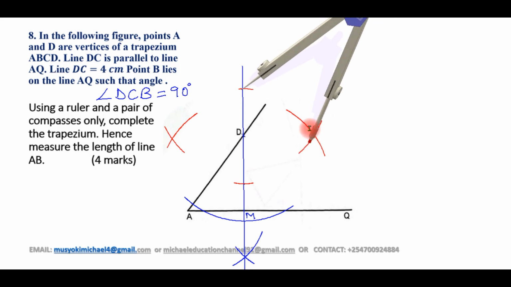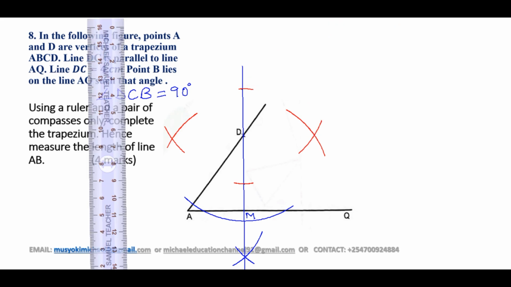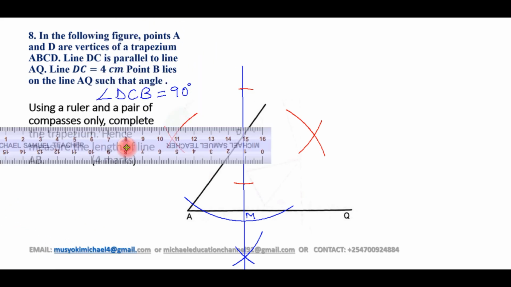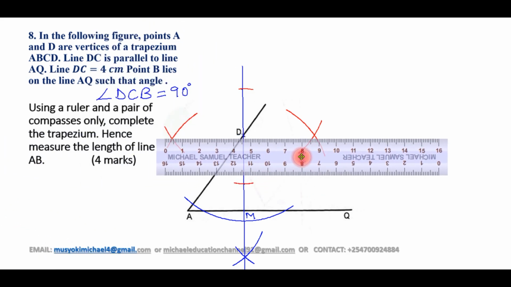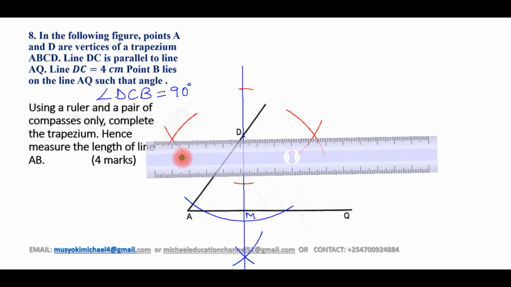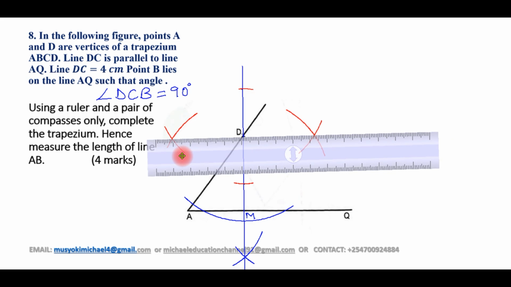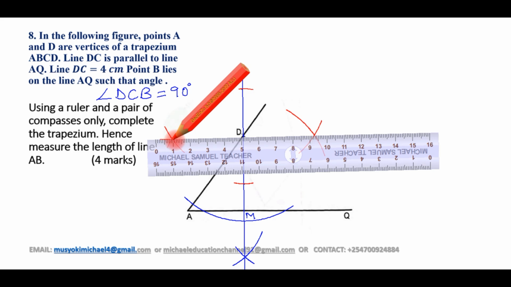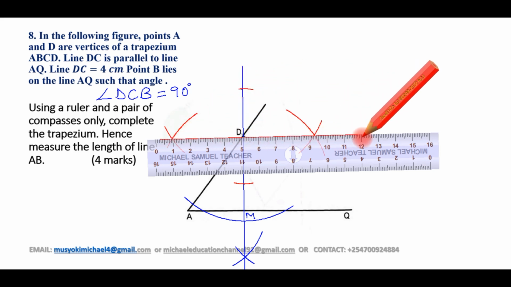Fine. Once I do that, I'll take the ruler and draw that perpendicular line. Fine. Then I will draw the line.